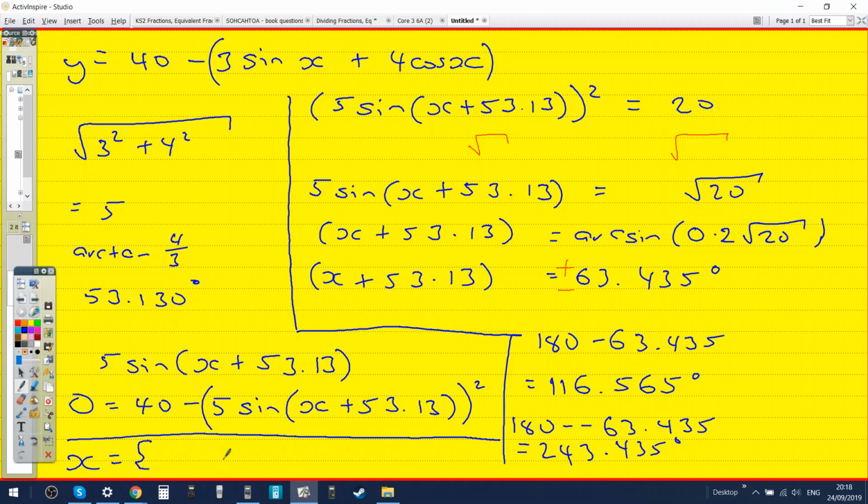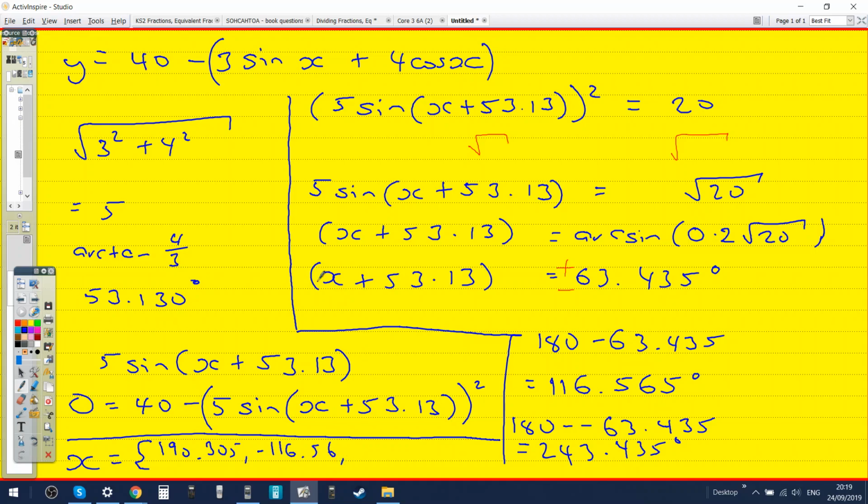And would it be 243.435 minus 53.13? Yes, which equals 190.305. The one before was minus 116.56.